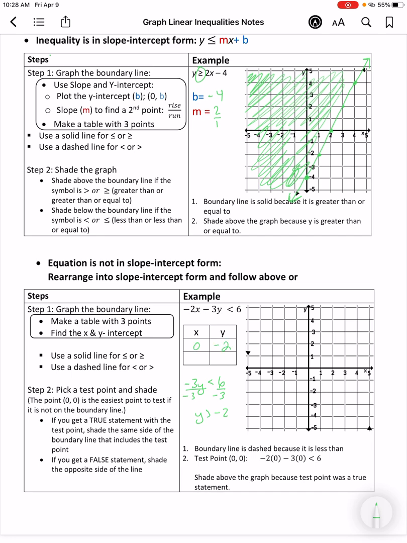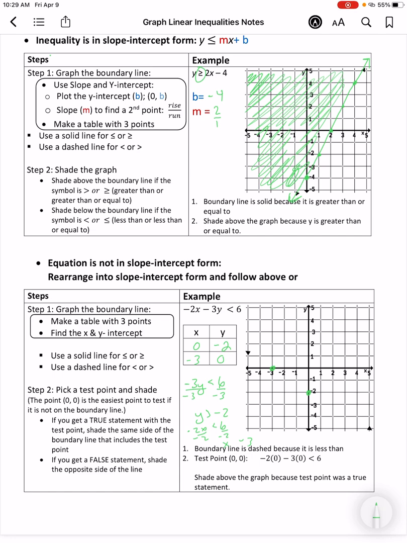And then I would do the same thing for x. So I would say -2x is less than 6. I would divide by -2. And so then x would be -3. So when x is -3, y is 0. So I would plot those 2 points, 0, -2, and then -3, 0. And those are the 2 points I need.